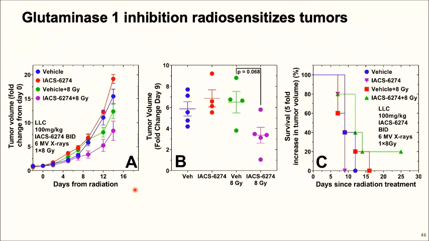But we don't see a high effect because, remember, this model is not KEAP1 mutated. We're working on developing the knockout of the cell line to be able to do the experiments properly. But we see that even for a non-mutated KEAP1 wild type cell, this inhibitor also radiosensitizes.